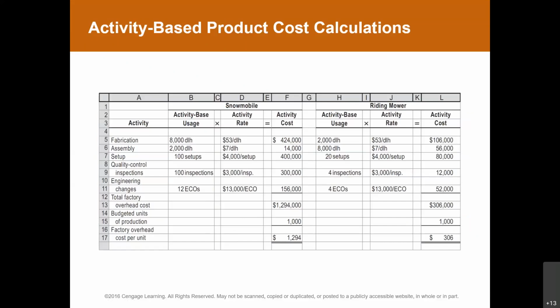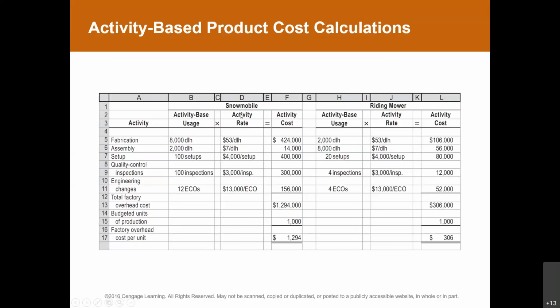So here's what we do to get the activity cost. We take the activity base that we used, and we do this for each type of product, right? We take each activity base that we used. In this case, for fabrication, we used direct labor hours, which was 8,000 for the snowmobiles.